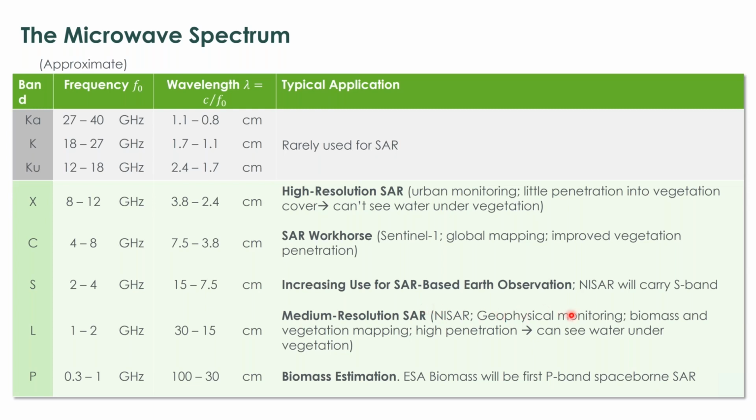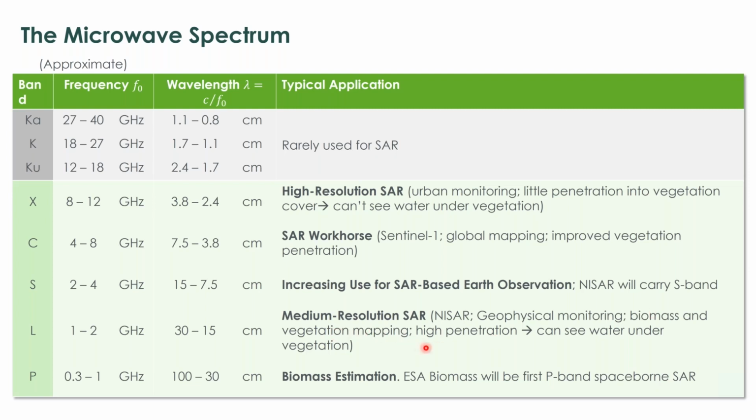It's really good for geophysical monitoring. It provides substantial penetration into vegetation cover, which gives you good sensitivity to biomass. So the penetration into the tree canopy allows you to characterize the tree canopy and estimate biomass and other vegetation parameters.